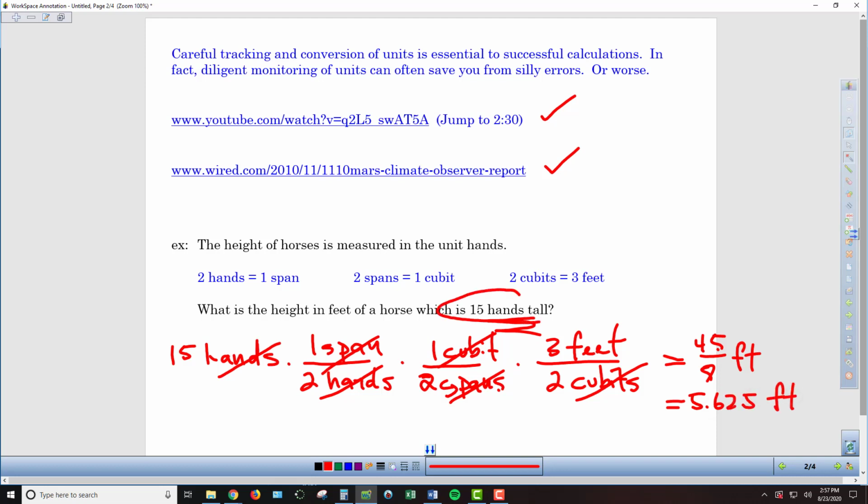But since we only had 2 significant figures in our original measurement, we can only have 2 significant figures in our answer. Our significant figures rule for multiplication means that we keep as many significant figures as we have in our original number. Since all of these were conversion factors, they don't factor into significant figures. So we're going to round off our answer to 5.6 feet.